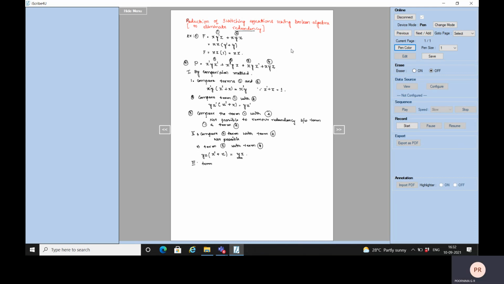In the third stage of the comparison rule, term 3 is compared with term 4. After comparing, we see that xy is a common variable, whereas z bar and z can be removed by applying the Boolean law. So hence it is xy.